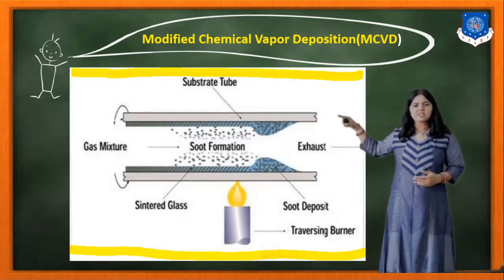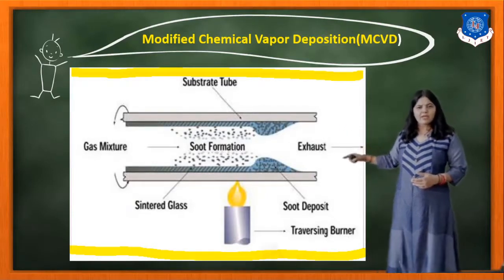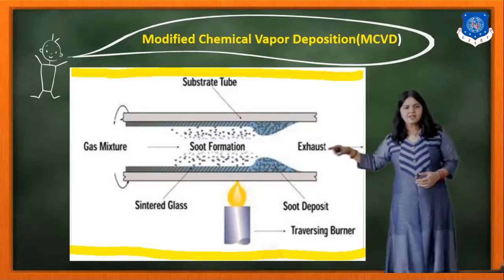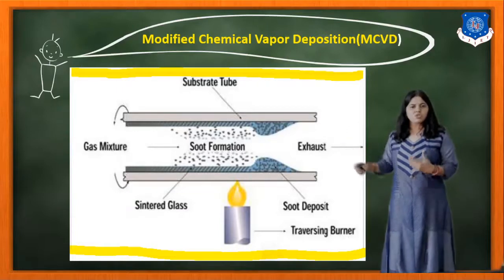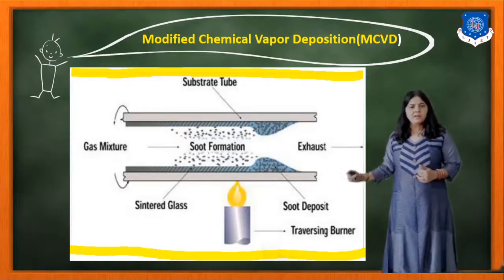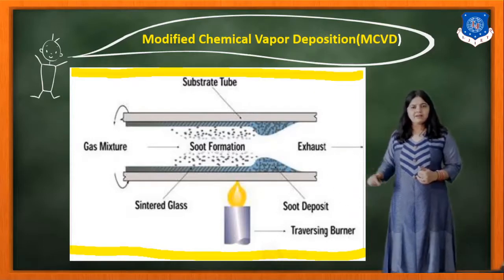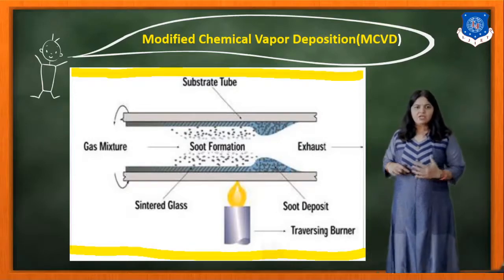Here you can see that there are substrate tubes. What is there inside that tube? There is soot. Now what happened? The burner is there, which provides heat to the material inside the tube.